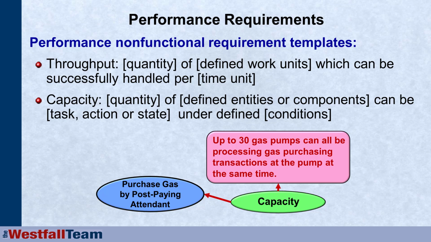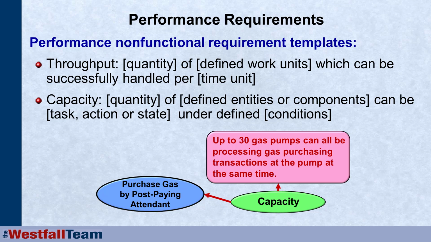For example, throughput might be 100 gas station pay-at-the-pump transactions can be successfully handled per hour. Or capacity would be things like up to 30 gas pumps can be processing gas purchases at the pump at the same time.